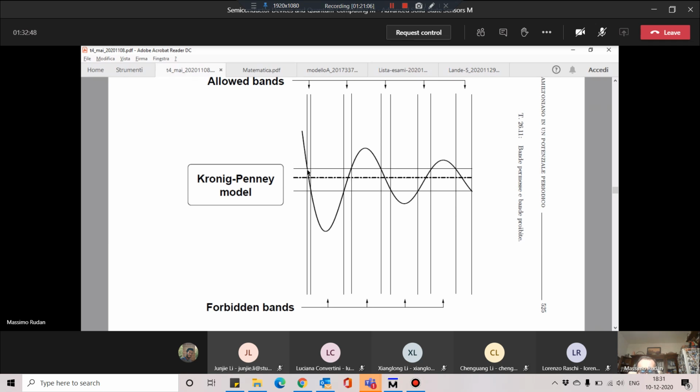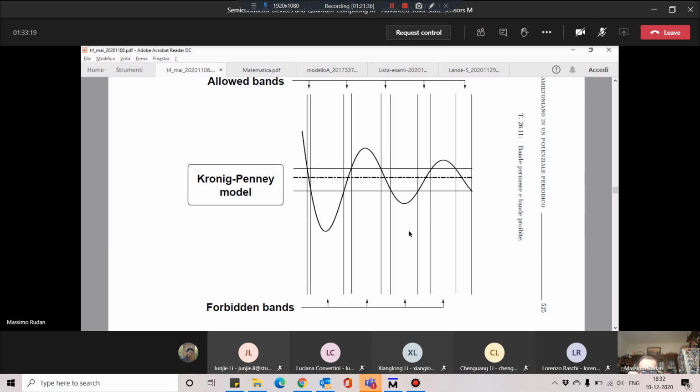when this function is larger than 1, that is here or here or here, etc., etc. And when this function is smaller than -1, like here or here, it is impossible to find a solution because the right-hand side is the cosine.